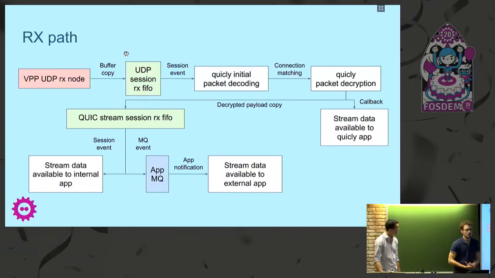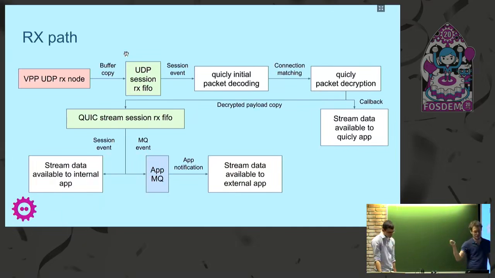Now, if we follow a packet coming in, what's going to happen to dive a bit more inside the architecture? What happens is that the packet gets copied from the wire inside the UDP buffer RX. It triggers a session event that gets called by QUIC. Then the packet is initially decoded because of the obfuscation, everything is encrypted.